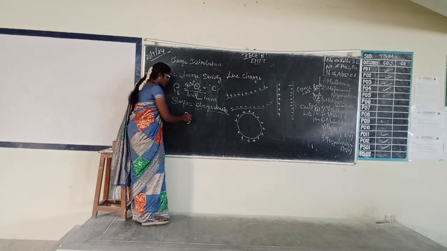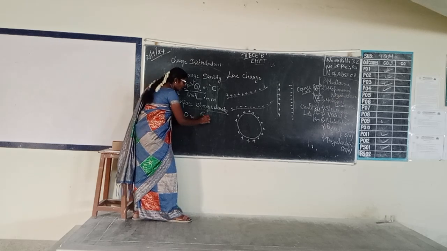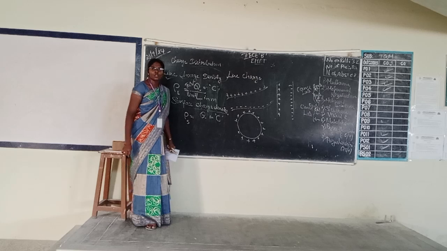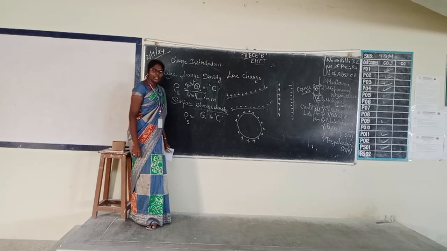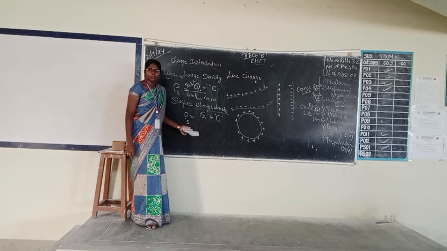It is defined as the ratio of total charge in coulomb per unit area in meter square. You should write the wording also, and after that only you should write the formula. That is why I am repeating it multiple times.